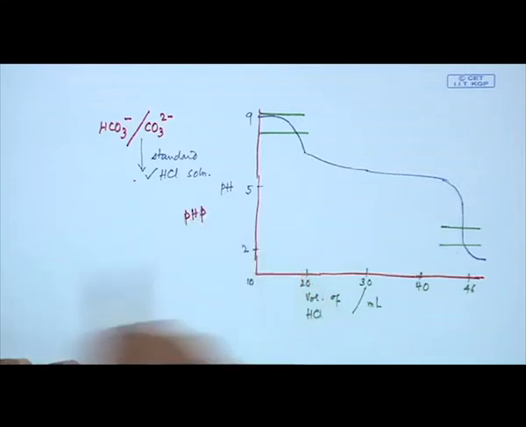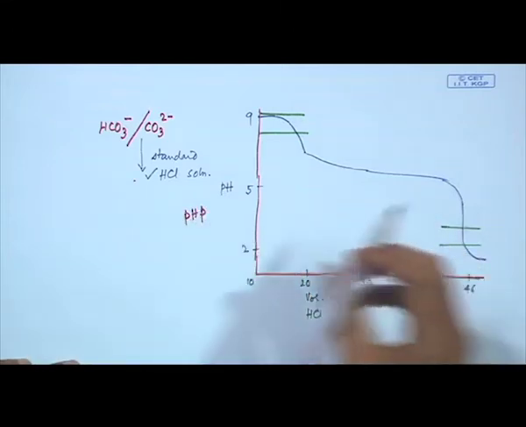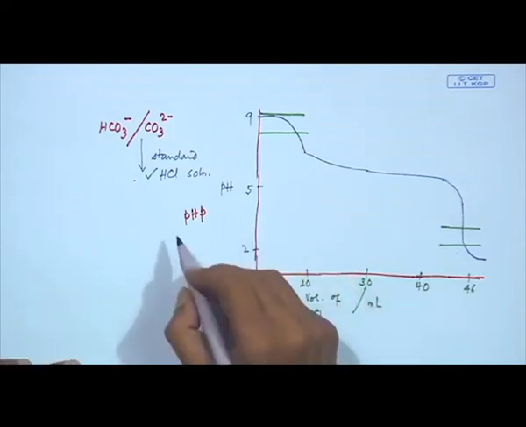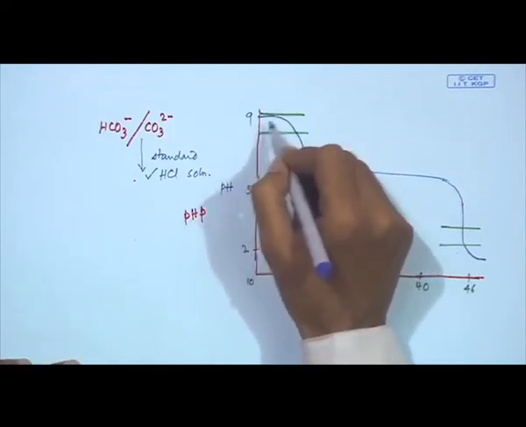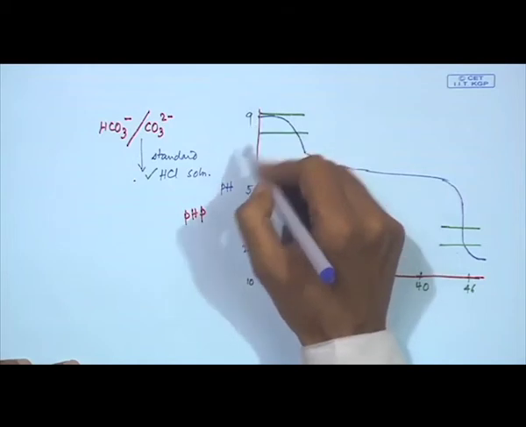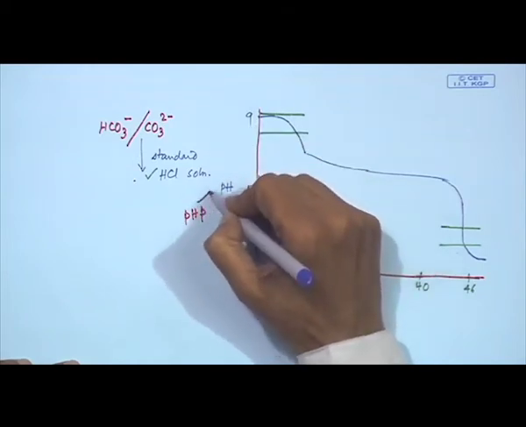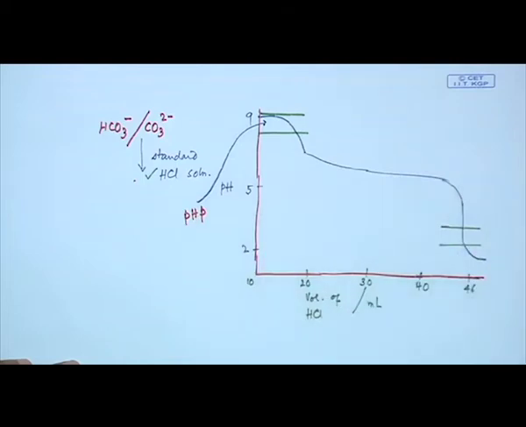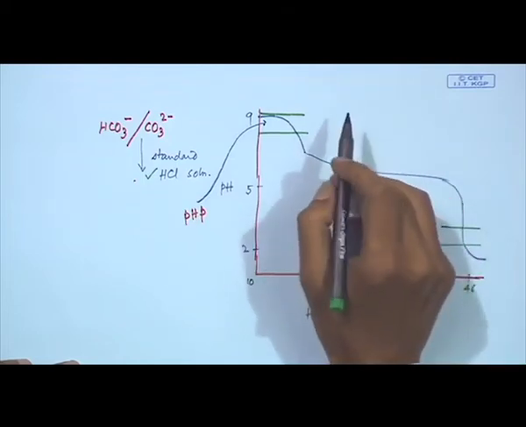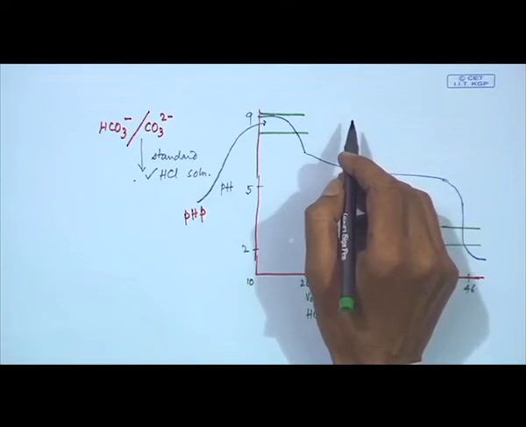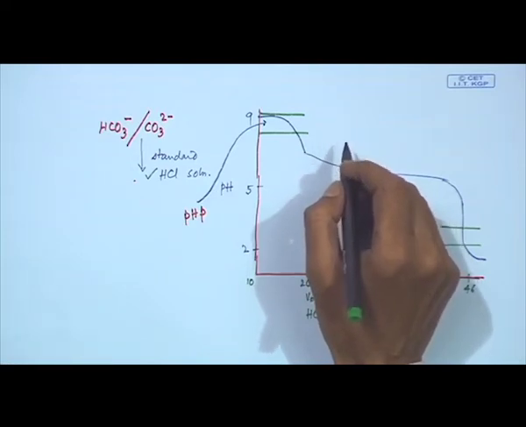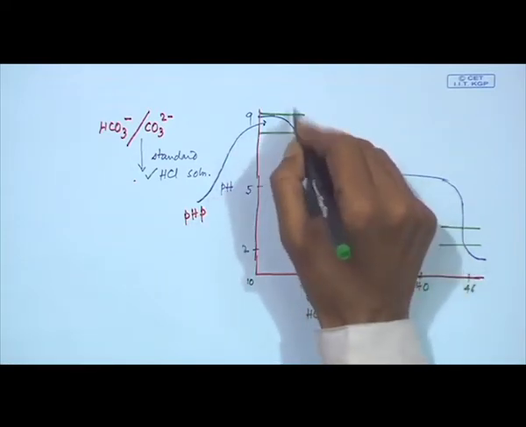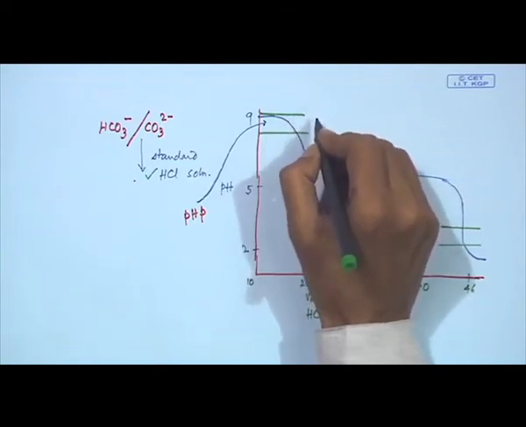If we use phenolphthalein first, what will happen? We all know the color change range of phenolphthalein is close to 8, 7 to 8. So, this is the corresponding range for using phenolphthalein, and it can give rise to a corresponding change, but the jump in pH is very small.